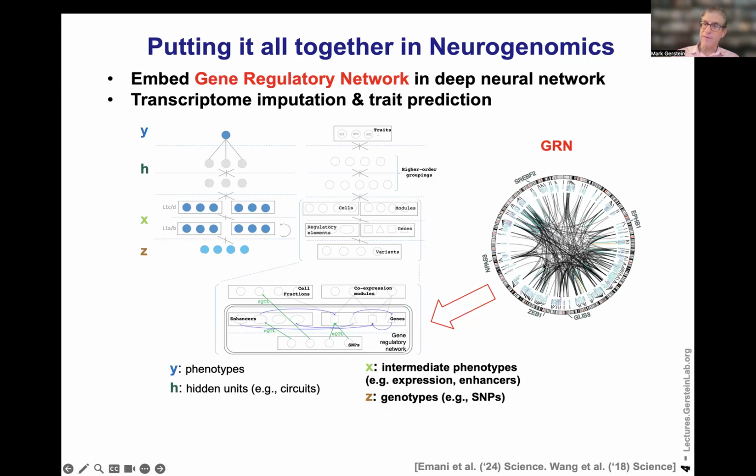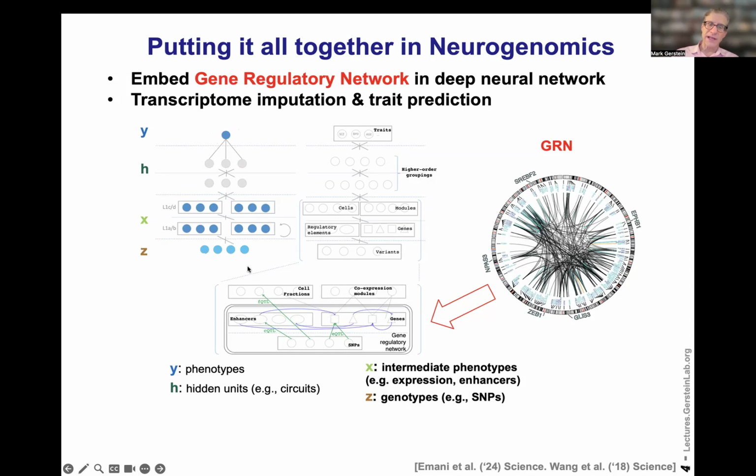And here we're going to make a model from those things. So what we do is we take the network representation, for instance, the gene regulatory network, and we embed that network into some of the layers of a neural network model. So here it's a neural network model. And this particular neural network is going to take the genotypes at the bottom and predict something about the phenotype. In particular, it's going to predict something about mental disease, brain disease.